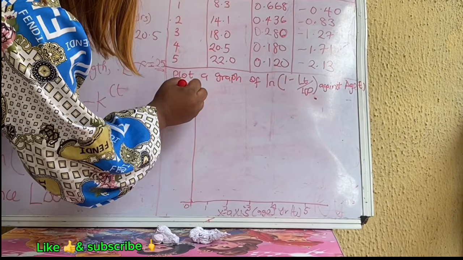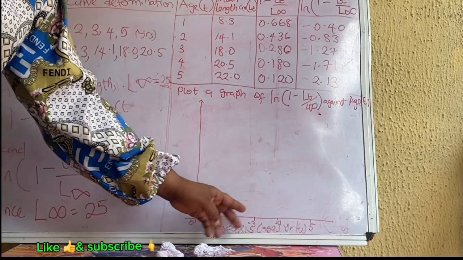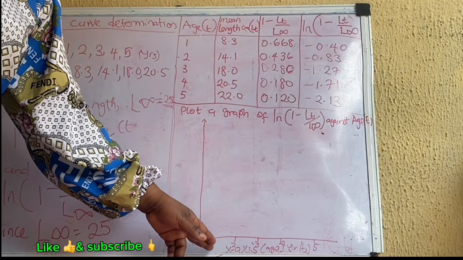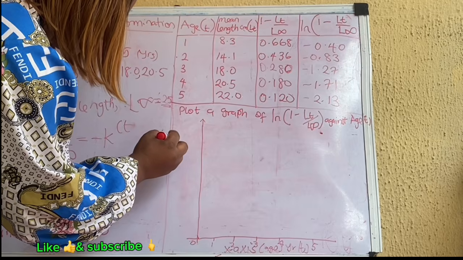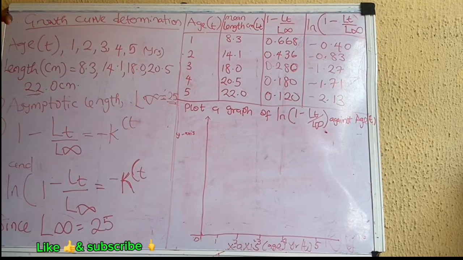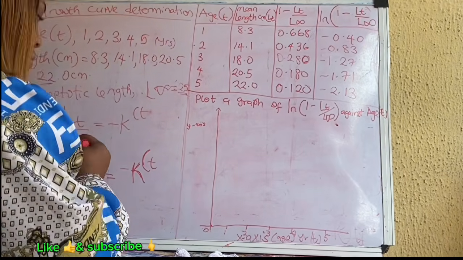Now this is your y-axis, and each square on the x-axis contains 1 year, whereas on the y-axis you have the negative values.